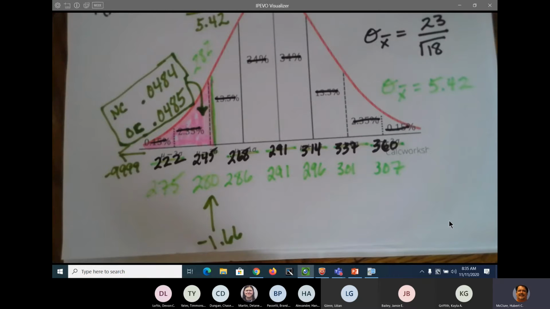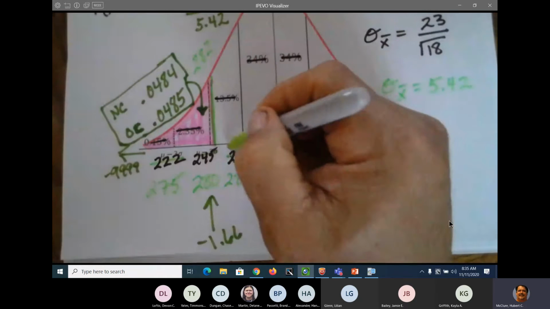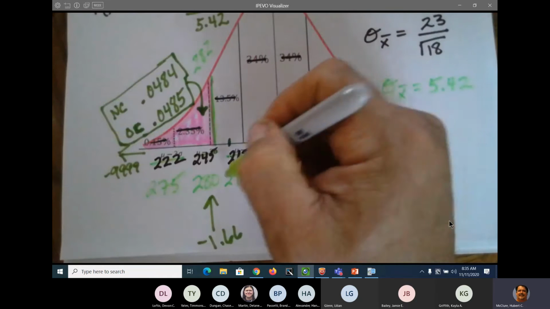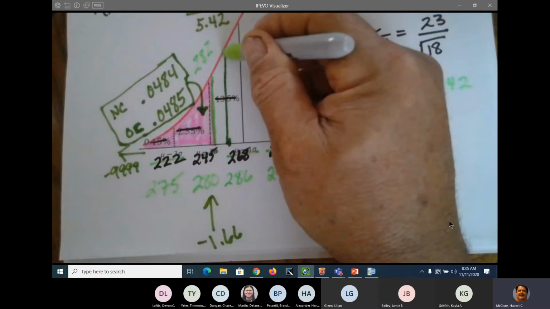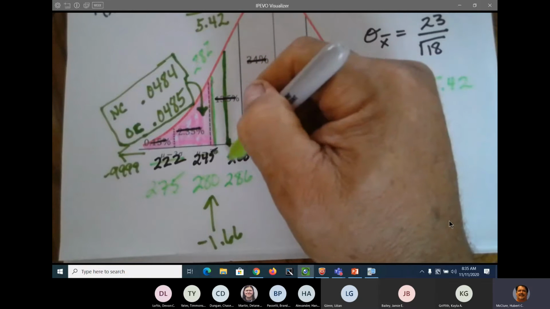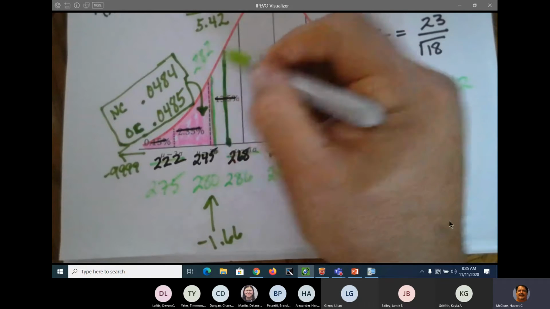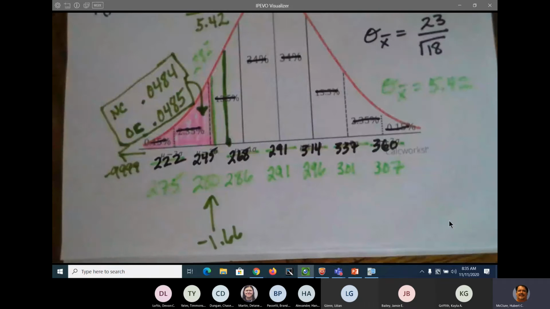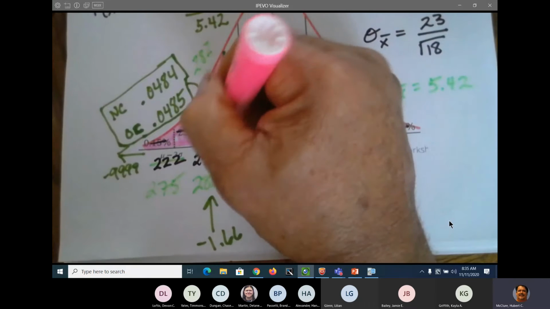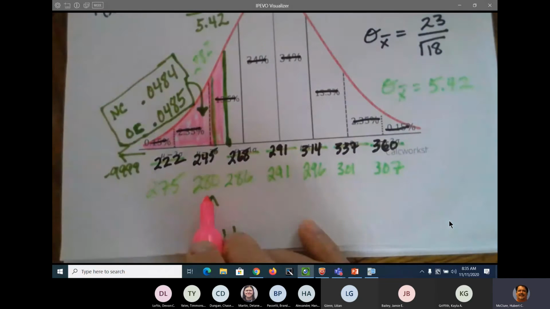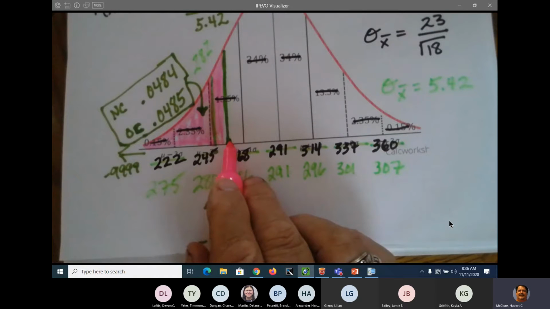Oh, I see why I'm off. 282 is not going to be right there. This is 286. Okay, that's 283 right here. So 282 is really going to be around there because that's 283. So I'm sorry, I didn't draw it right. I guess I just wasn't paying attention. 280 to 286 is 3, half of 6 is 3, so that would be 283 right there.